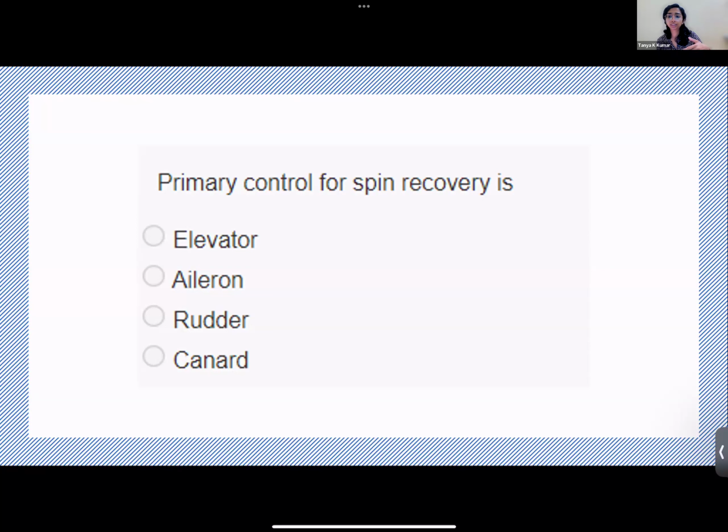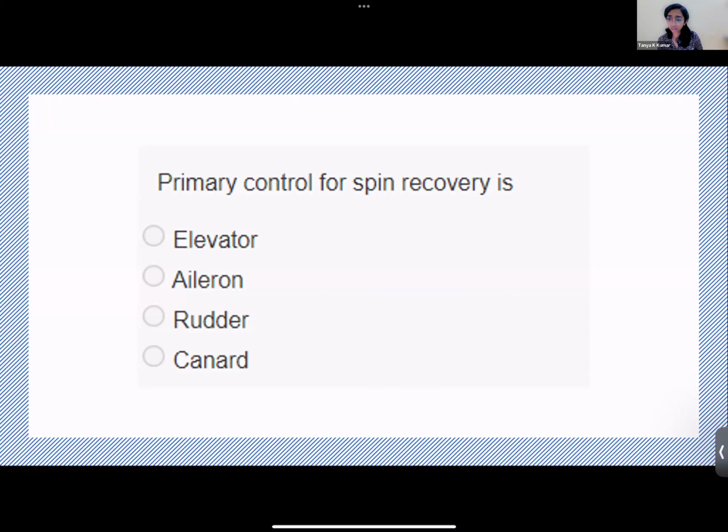So the two conditions that he mentioned were that if it's a propeller driven aircraft rotating in the clockwise direction, there is an induced roll, and if one of the engines fails in a jet engine case, then there is again a roll and a yaw introduced, right? But a spin happens even if these conditions don't occur. So even if it's a jet engine with both engines working perfectly fine, spin occurs.